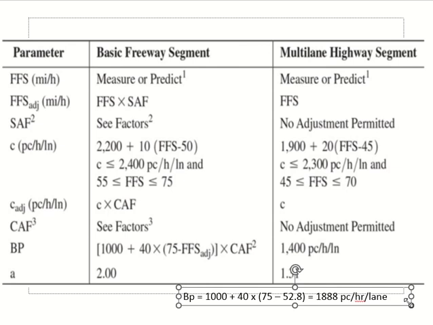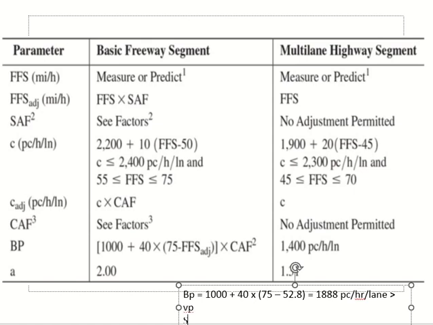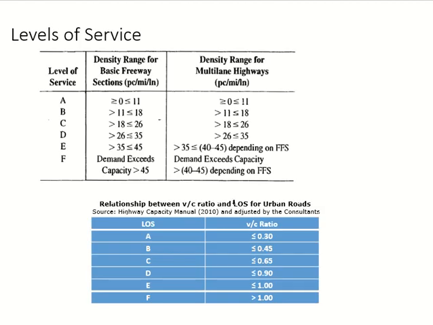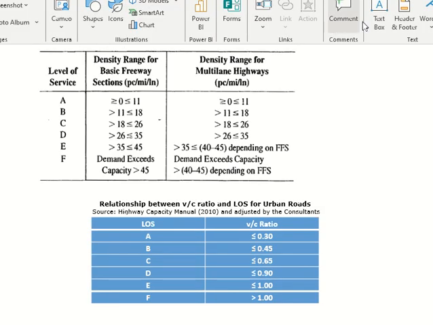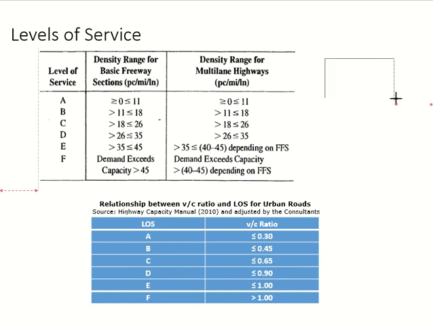And this one is now 1188. Okay, so this one is more than VP. That means speed equals free flow speed. So now I can calculate density using the free flow speed.